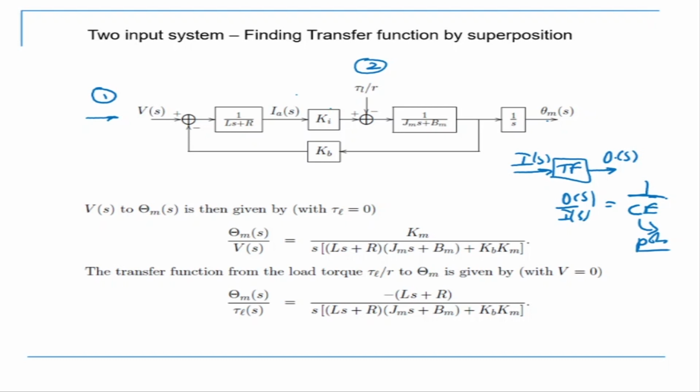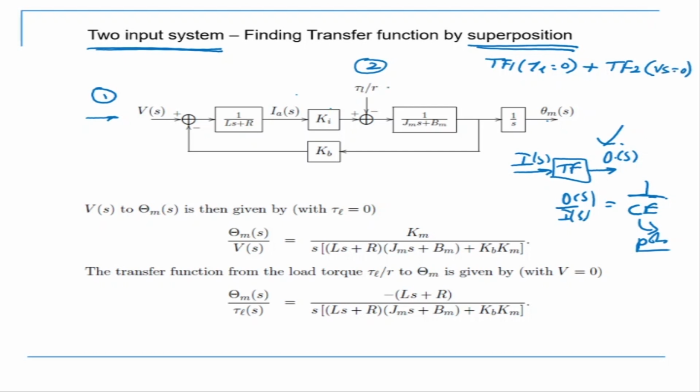In the last class, I had discussed how to find the transfer function, or how to convert the various blocks into this type, an input-output system, in the case where there are 2-input systems. In the case of a 2-input system like this, we use superposition. What superposition is, basically, we find the transfer function assuming that tau L is equal to 0, and add it to the transfer function assuming Vs is equal to 0.